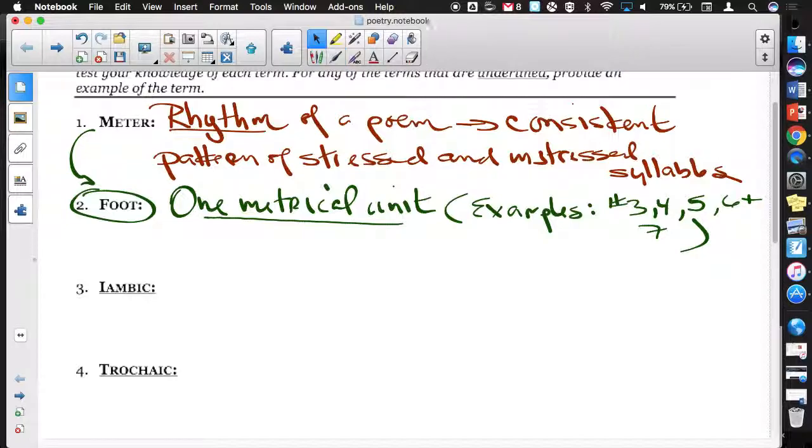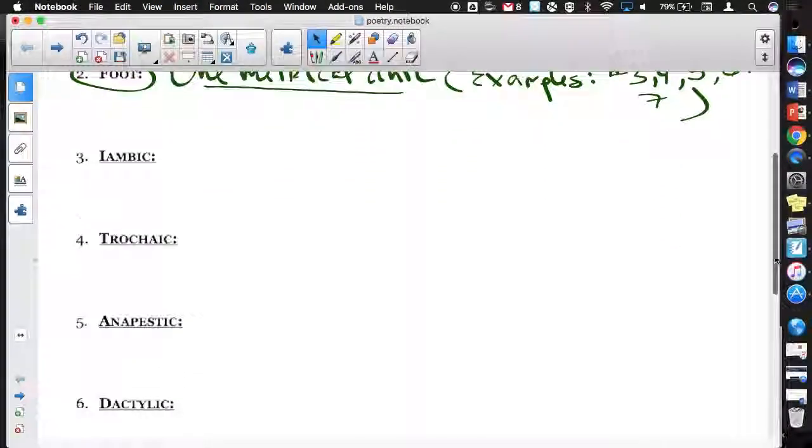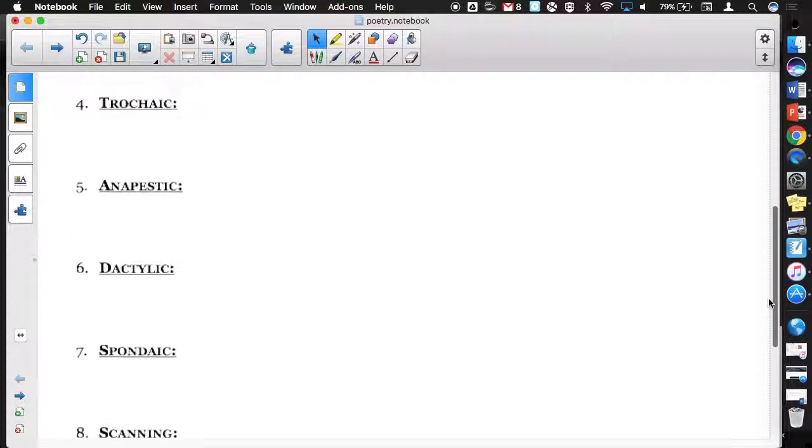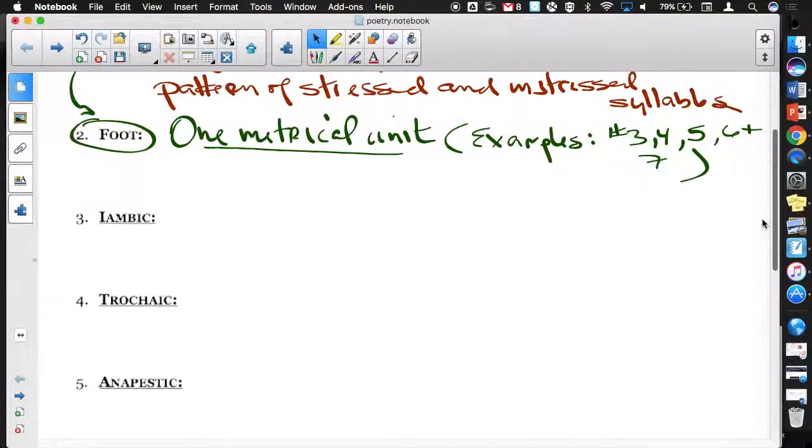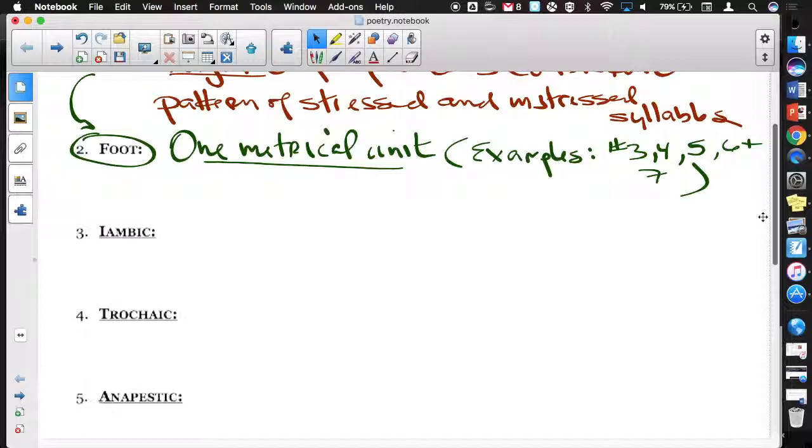So if you have meter, you have a succession of feet in the poem that match up. So it's the same repetition, the same pattern over and over and over. The ones here that are underlined, number 3, 4, 5, 6, 7, these are all specific types of metrical feet.